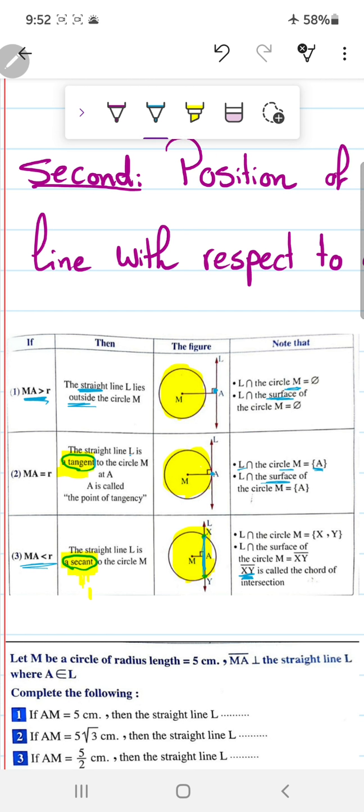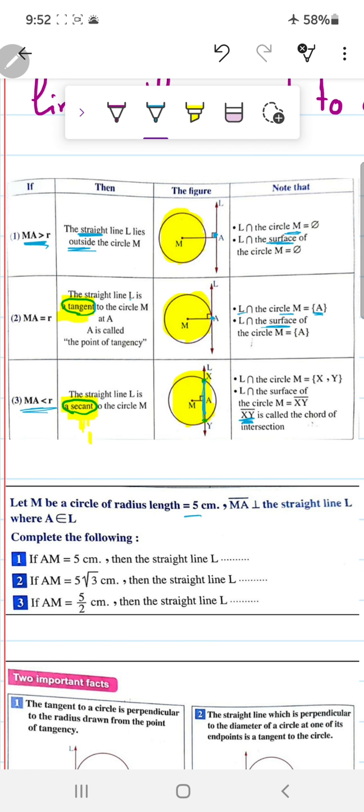Okay, we have some examples. Number 1, here we have the radius is 5 centimeters. MA, as we said, is perpendicular to the straight line.